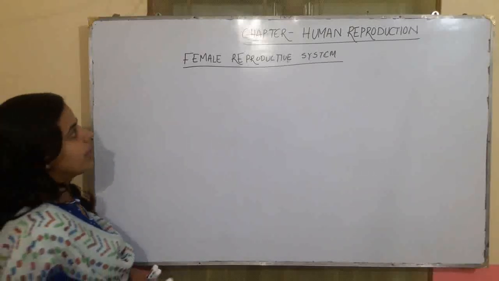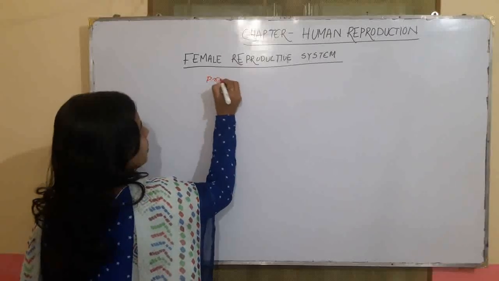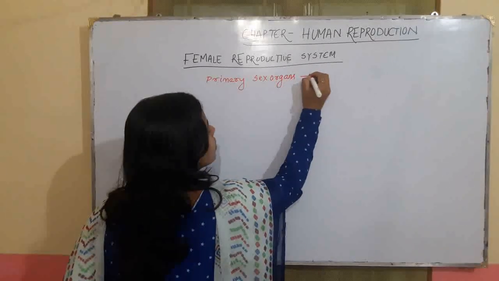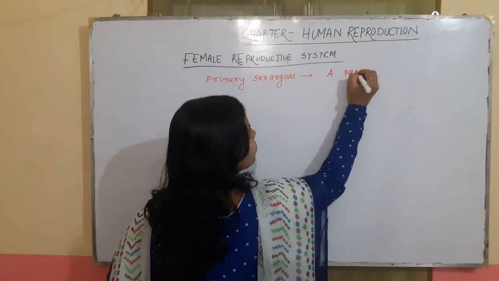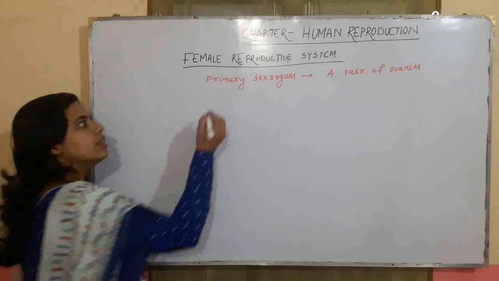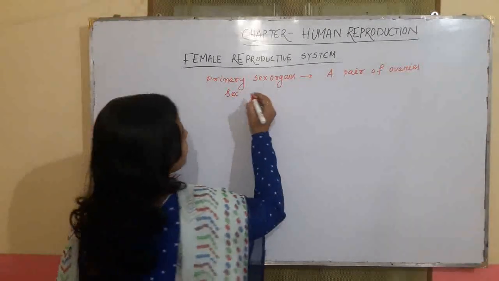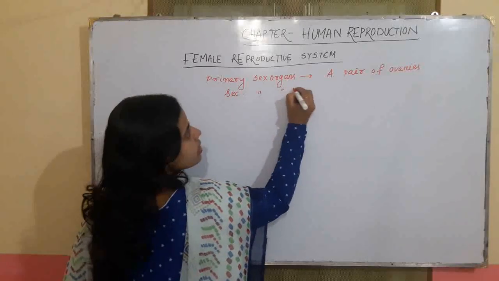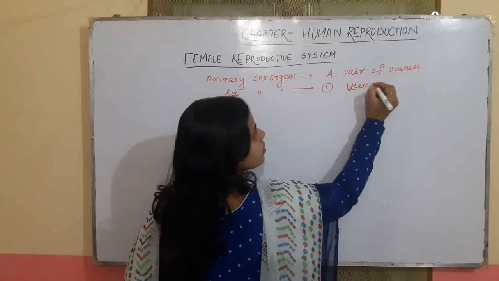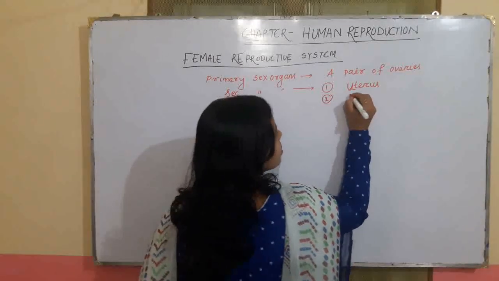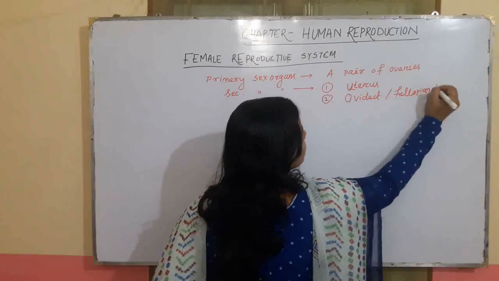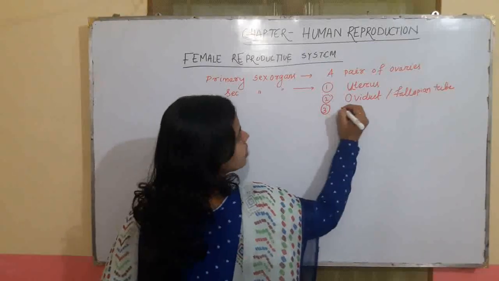The female reproductive system includes primary sex organs, that is a pair of ovaries, and, the same as in the male reproductive system, secondary sex organs: one is the uterus, second is the oviduct, or you can say fallopian tube, and third is the vagina.